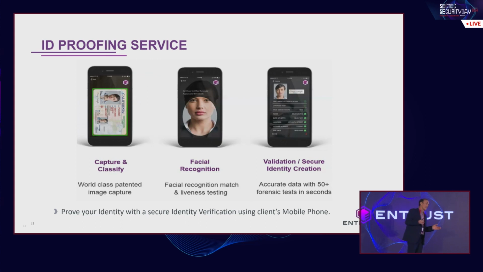We work with, at the moment, over 150 different types of documents. After the device has been verified, you've downloaded the app, and you then take a photograph of the back and the front of an approved ID. That could be a driving license, it could be a passport. As I said, we've worked with over 150 different documents in the world, and we're open to more.